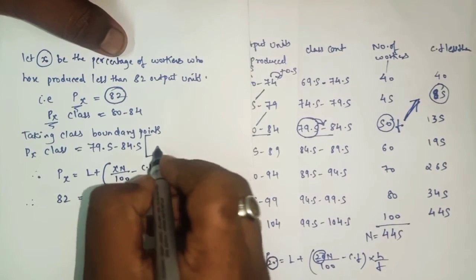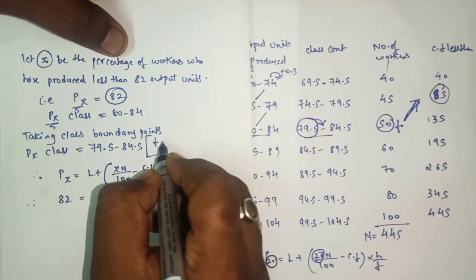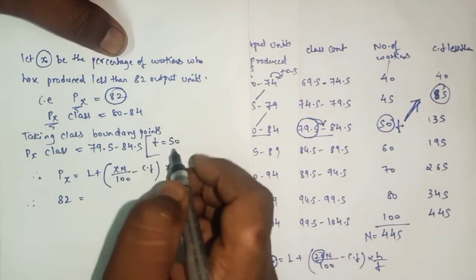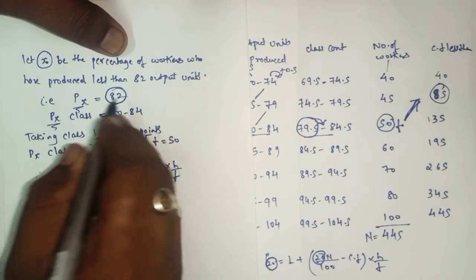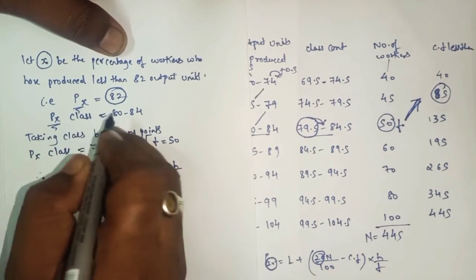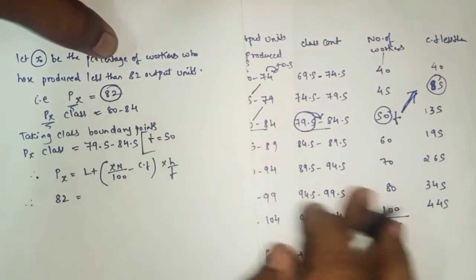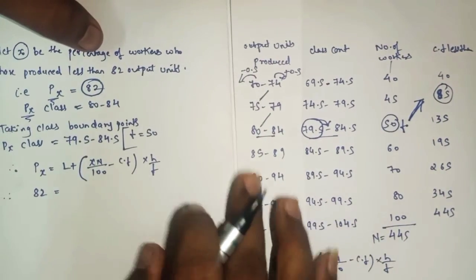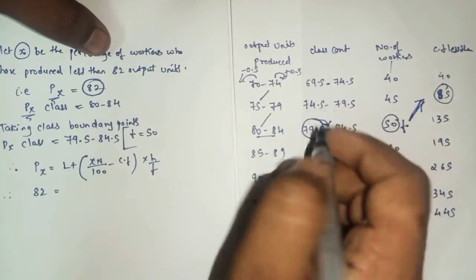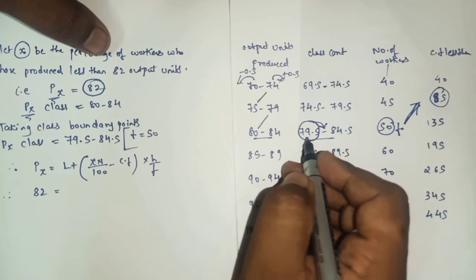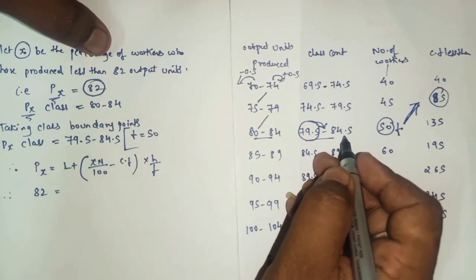F will be 50. As we know that P of X is 82, and 82 lies between 82 to 84, but we have to make the class continuous. After making the class continuous, the actual class will be 79.5 to 84.5.